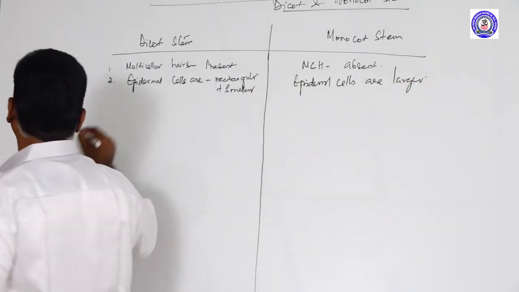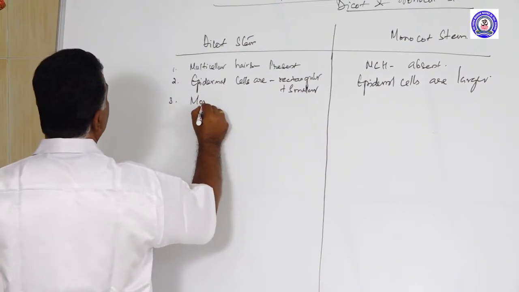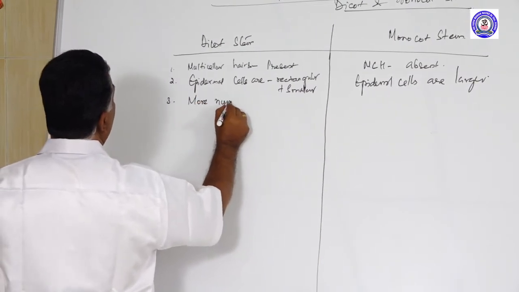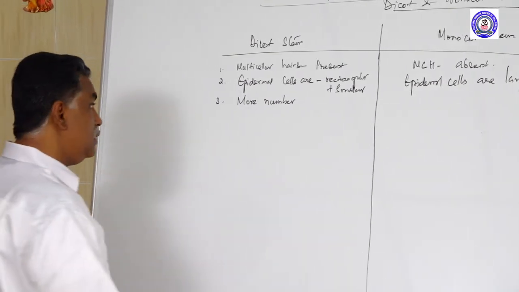The number of stomata in the epidermal cells: more number of stomata in the dicot, even in the stem.